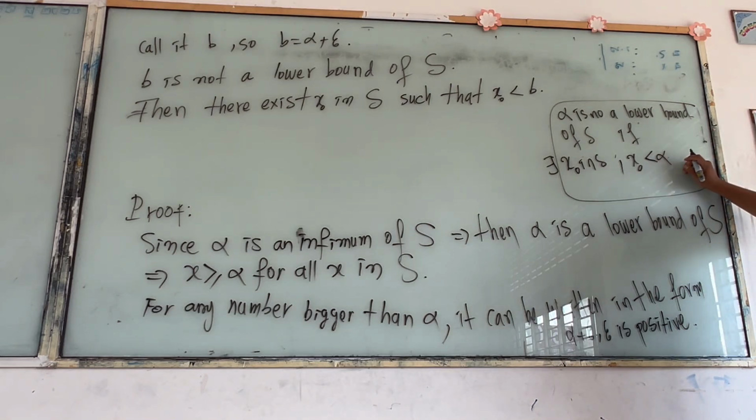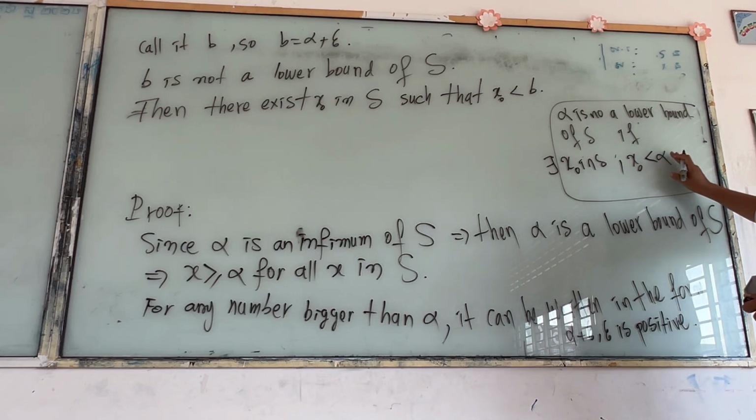So why do I get this? As I told you, we take the reverse side of the definition of a lower bound of a set.